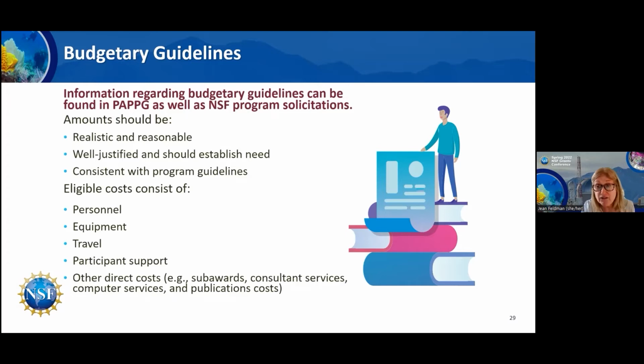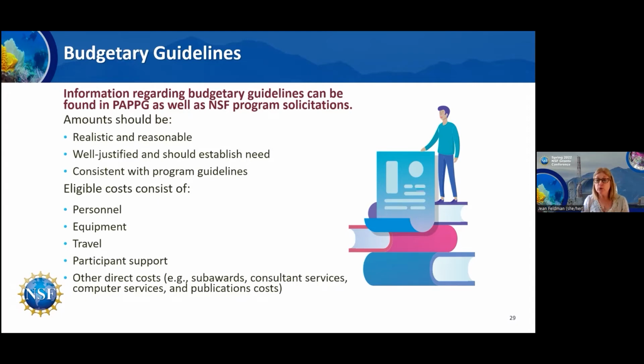Probably one of the most misunderstood categories on the NSF budget is a category called participant supports. And this budget category refers to direct costs for items such as stipends, subsistence, travel, registration fees, etc., paid to or on behalf of participants or trainees, not employees, in connection with NSF-sponsored conferences or training projects.